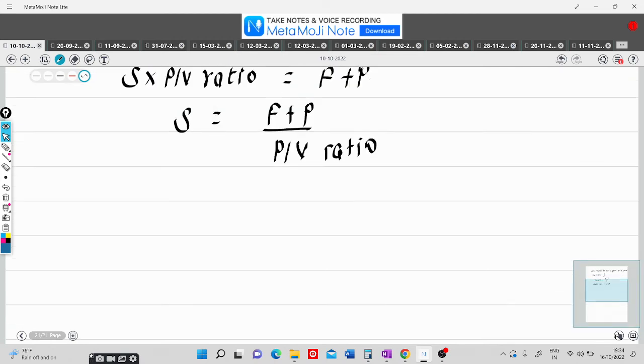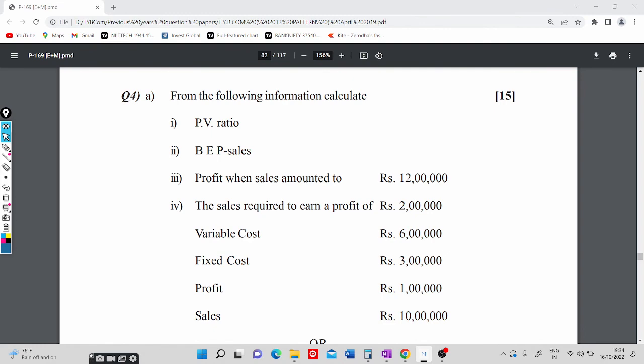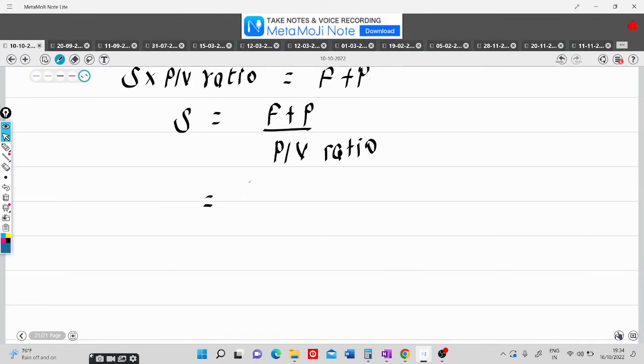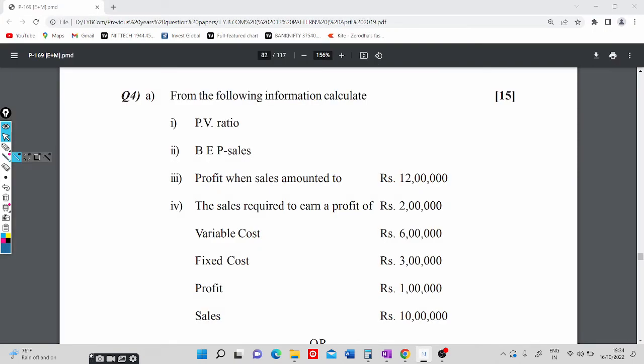Substituting the values, fixed cost is 3 lakhs, desired profit is 2 lakhs. It has been given here.